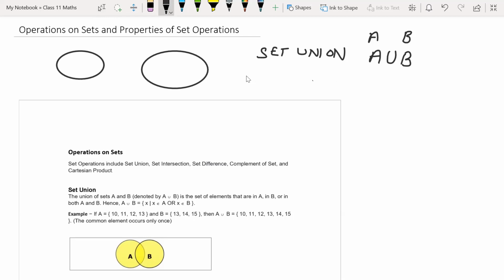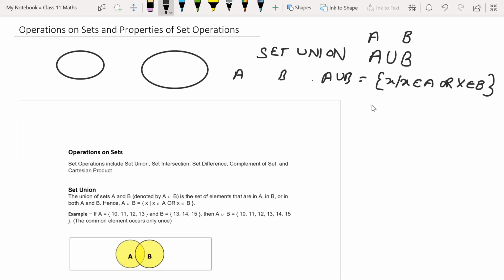If one set is A and another set is B, then A ∪ B is the set of x such that x belongs to A or x belongs to B. It means all elements which belong to A or B, the combination of the elements of A and B, but one condition is that the resultant union must be distinct.